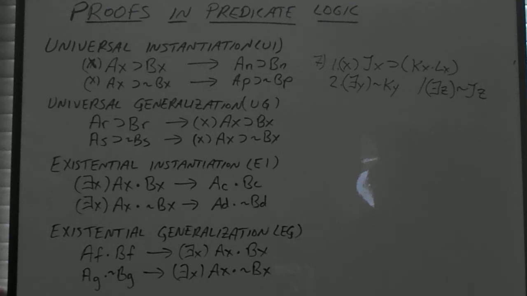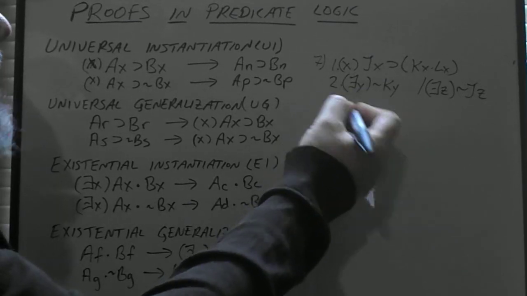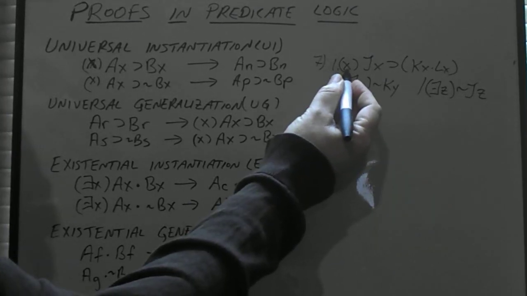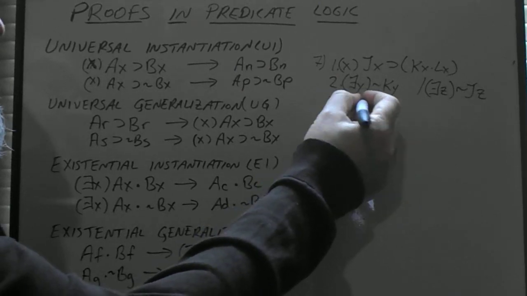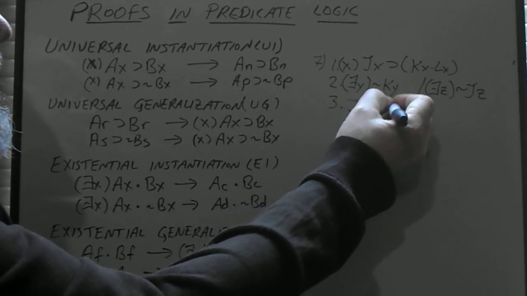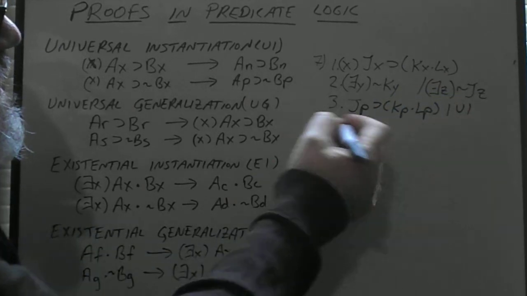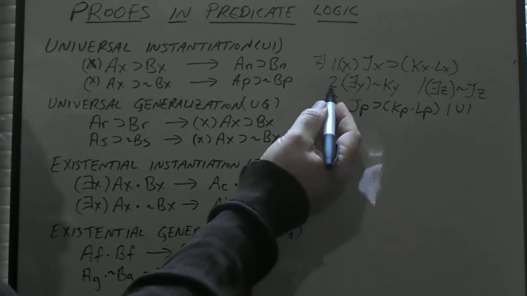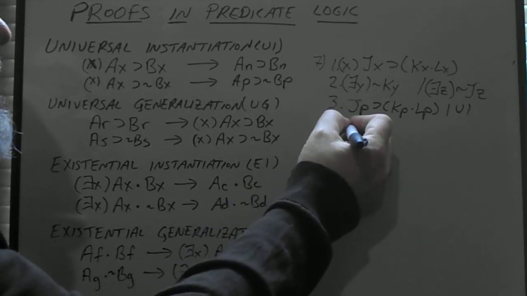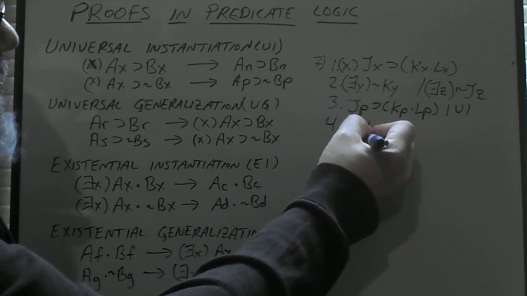So because they're variables, you can replace them with any of the other letters of the alphabet you want to. So I'm going to replace x, y, and z all, let's say, with the letter P. So for line 3, I'm going to take 1 and I'm going to do a universal instantiation. That becomes JP, then KP and LP from 1 universal instantiation. Then on line 2, I'll do an existential instantiation and make that not KP.